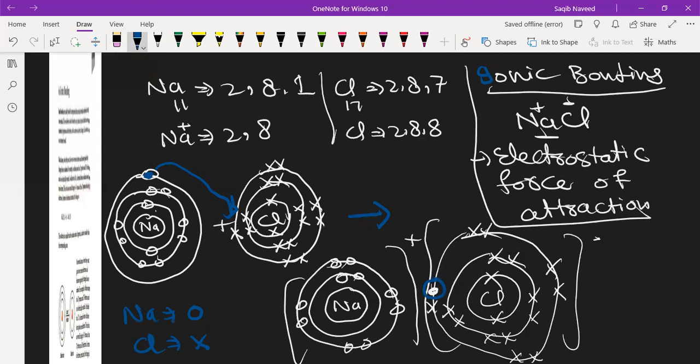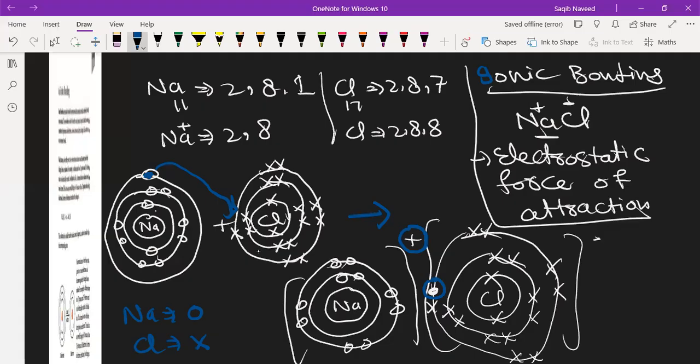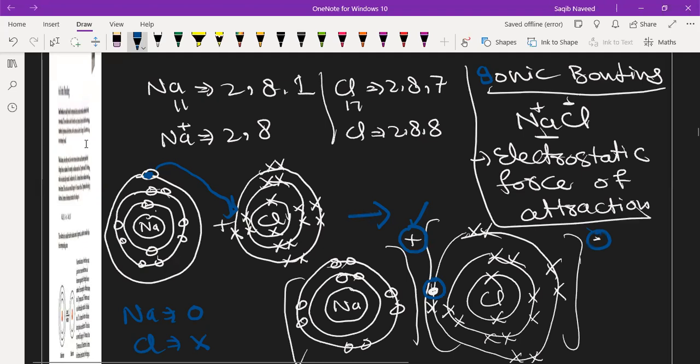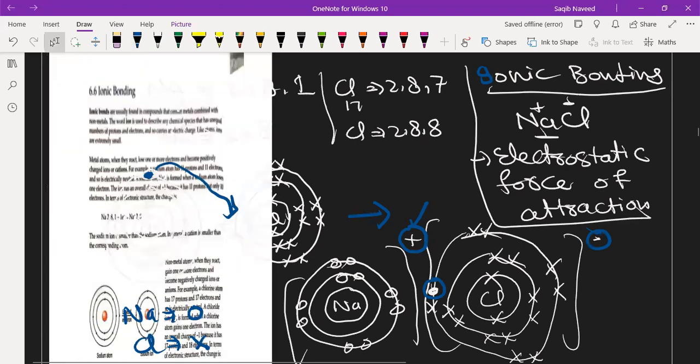When sodium loses an electron, it gets a plus charge, and when chlorine gains an electron, it gets a minus charge. So the positive and negative ions will attract each other, and they are going to make an ionic bond between them.